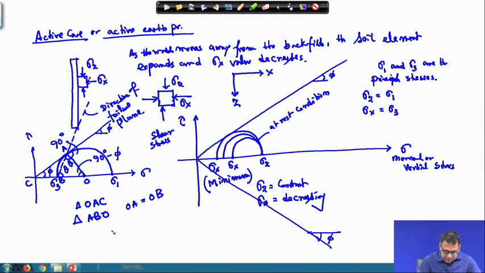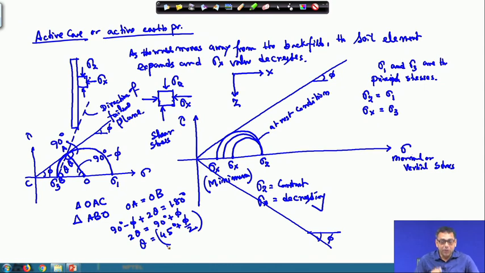So, I can write that 90 degree minus phi plus 2 theta will be equal to 180 degree. So, 2 theta will be 90 degree plus phi, so theta will be 45 degree plus phi by 2. It means that the failure line will make an angle 45 degree plus phi by 2 with the horizontal.